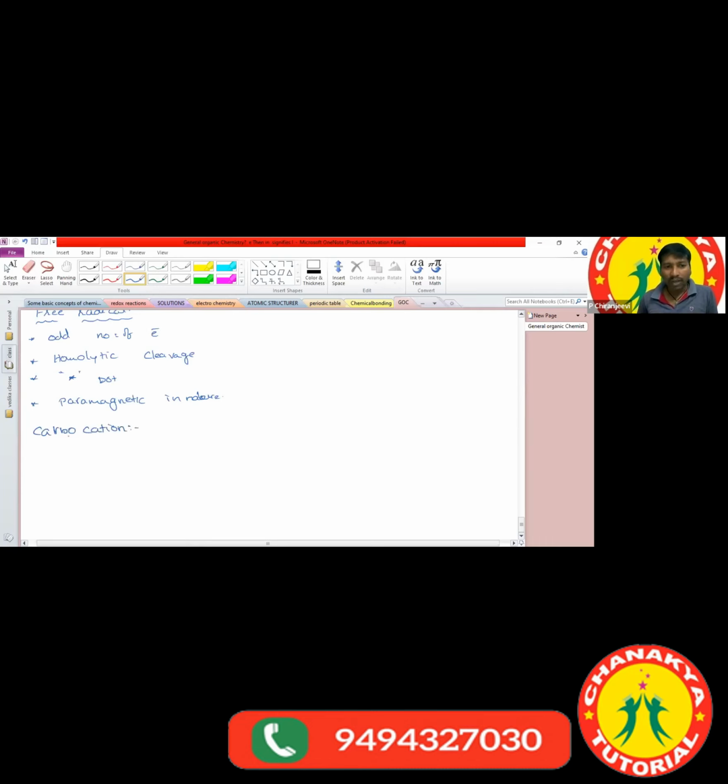What is meant by carbocation? A positively charged carbon is called a carbocation. It is obtained by heterolytic cleavage.